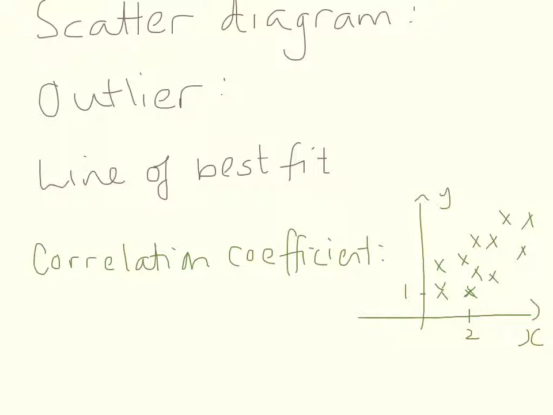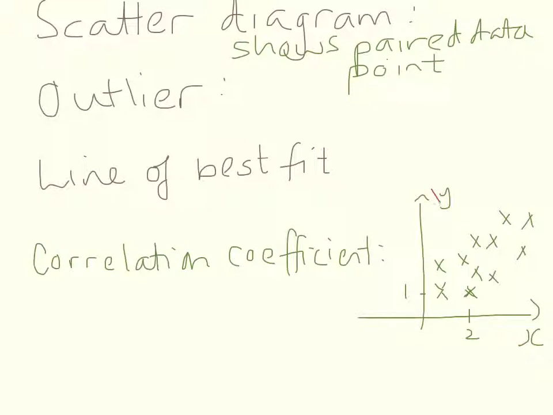So a diagram, a graph showing the paired data points. An outlier is a point that doesn't follow the trend. For example, this red one here. The trend seems to be low on the left and high on the right, but this one's low on the right. So an outlier does not follow the trend.